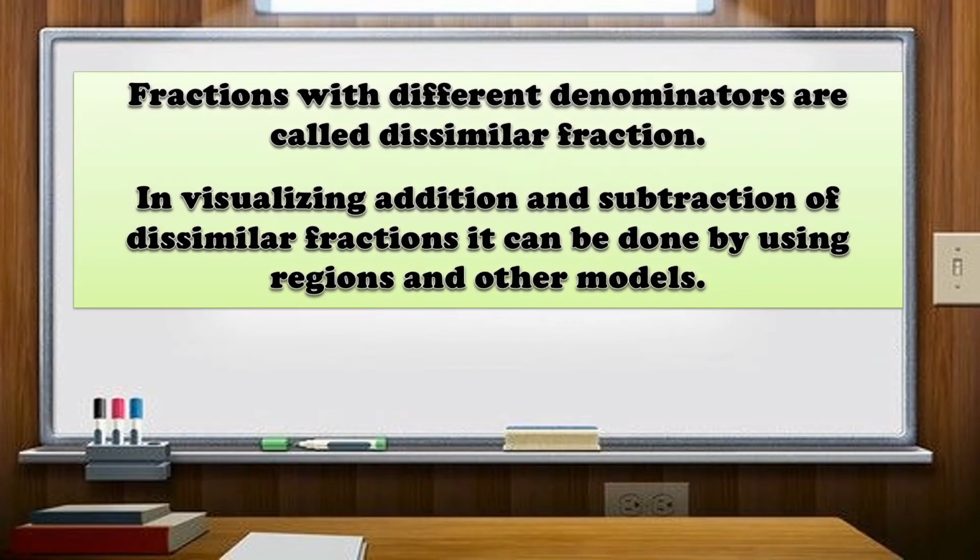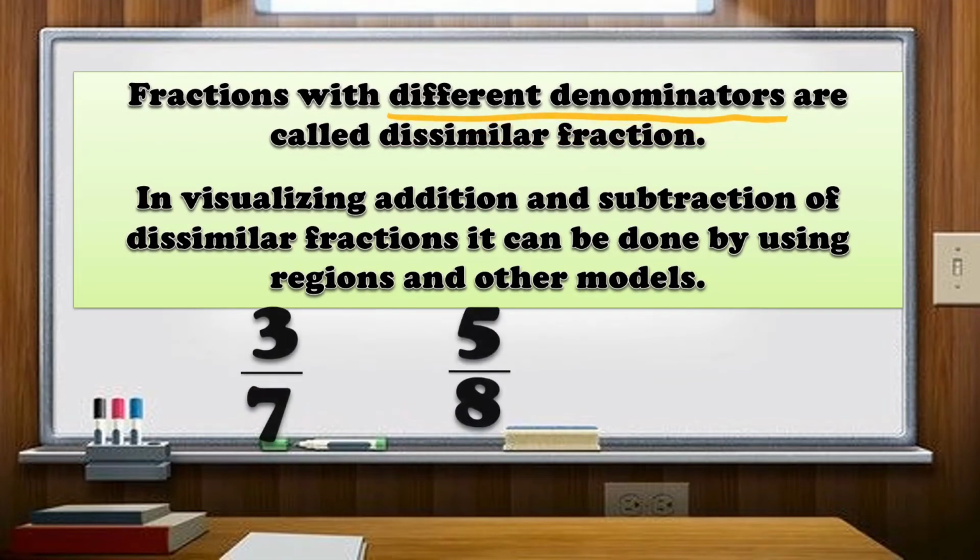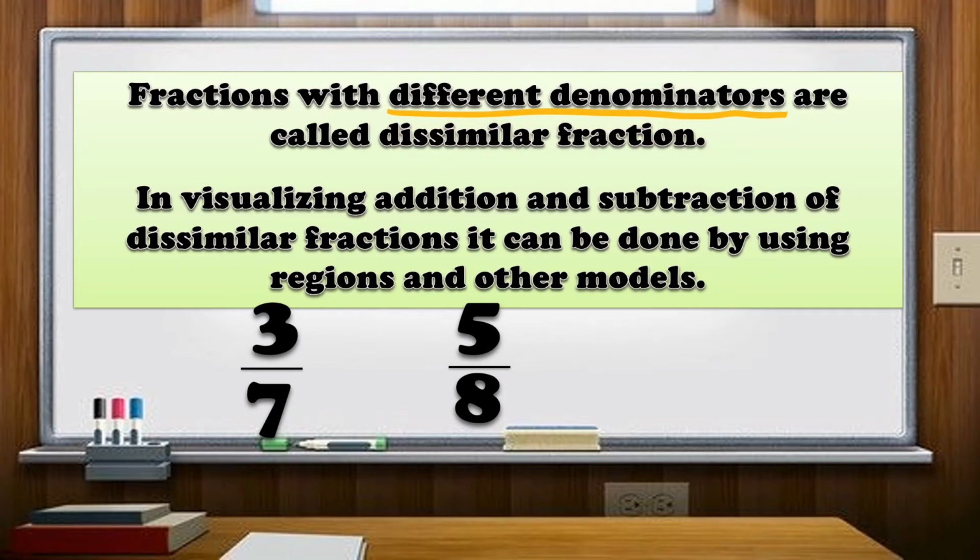Let's remember, fractions with different denominators are called dissimilar fractions. Example, 3/7 and 5/8. They have different denominators, so they are called dissimilar fractions. In visualizing addition and subtraction of dissimilar fractions, it can be done by using regions and other models.